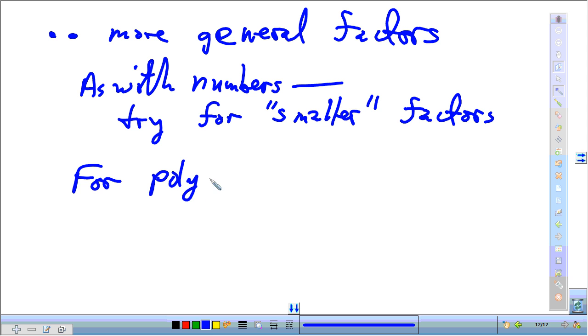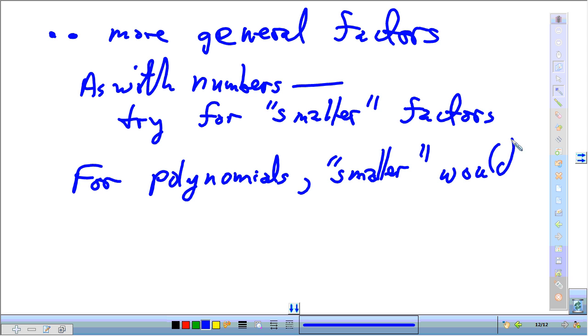In general, smaller might be a little hard to get a hold of, but with polynomials, smaller refers to the degree being less than what you started with.